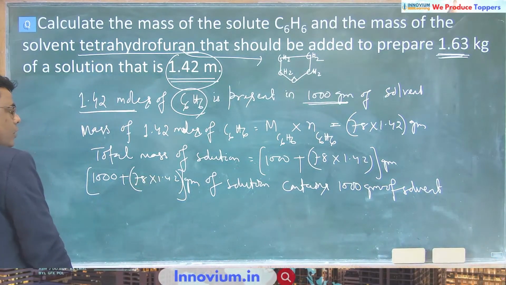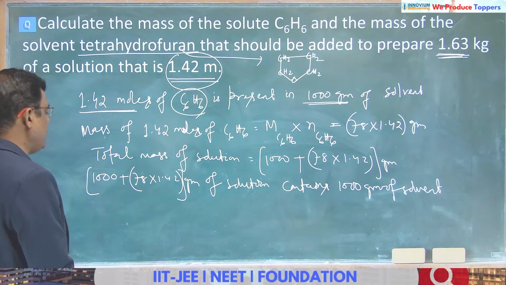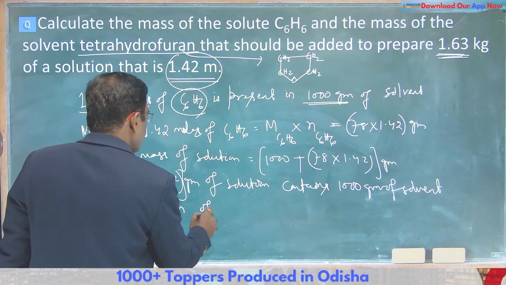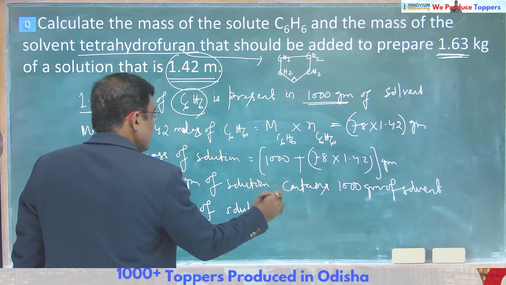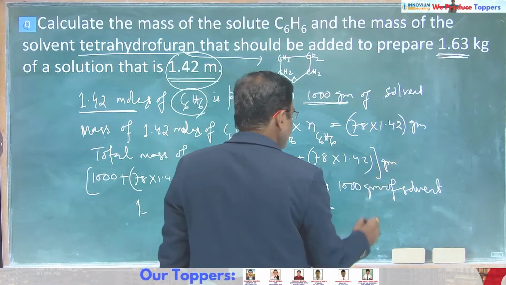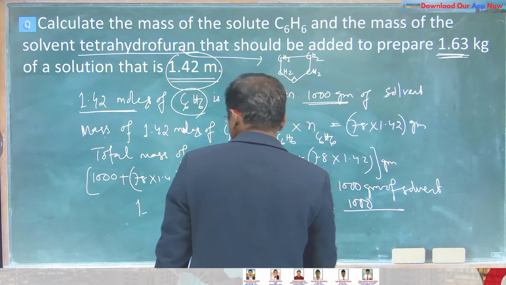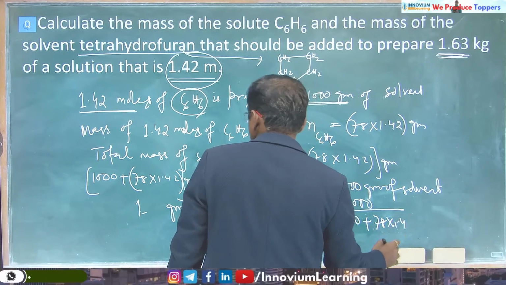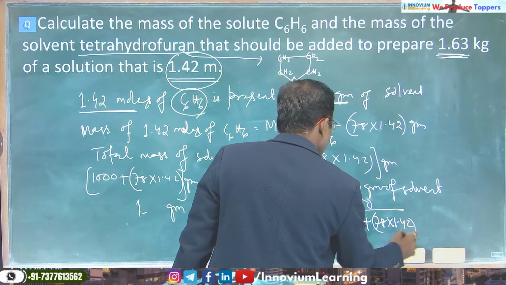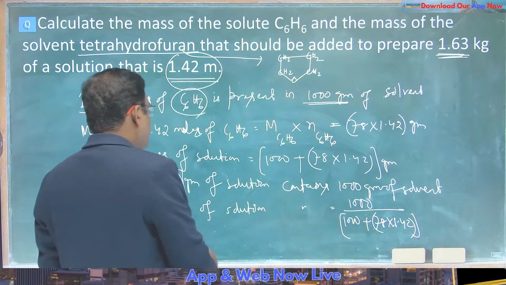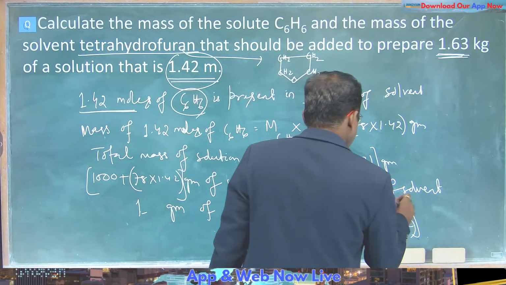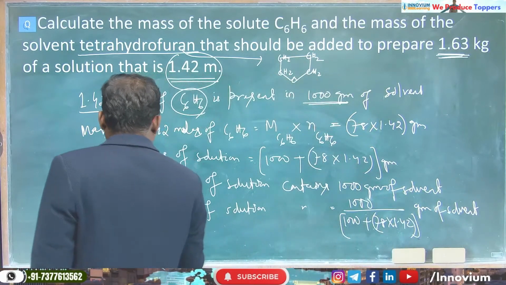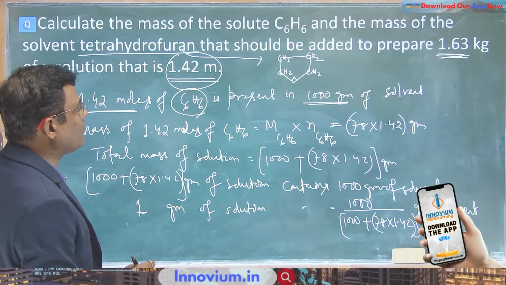So this much gram of solution contains 1000 gram of solvent. Then 1 gram of solution contains what mass of solvent? 1000 upon 1000 plus 78 into 1.42. So 1 gram of solution contains this much gram of solvent.